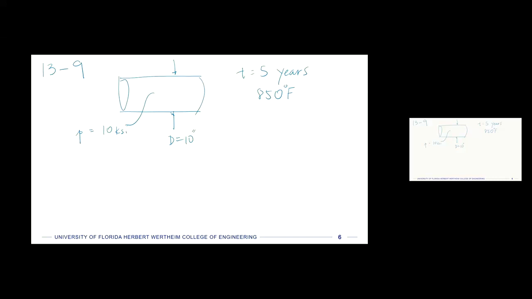If a safety factor of 1.2 is desired, so n equals 1.2, and permanent deformation must not exceed 3%, so creep strain should be less than 0.03. What should the minimum thickness of the cylindrical pressure vessel wall be made?